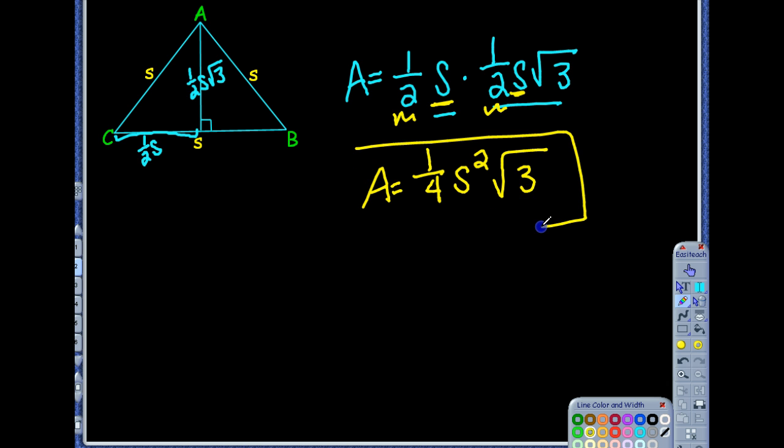This right here is actually the formula that we're going to be exploring. When we're given a side length, we don't even have to break it into a little triangle and talk about the 30, 60, 90. We're able to just go, when we know a side length of an equilateral triangle, yes, then we can put that side length into this formula: 1/4 side squared radical 3. So let's test it with that last one real quick.